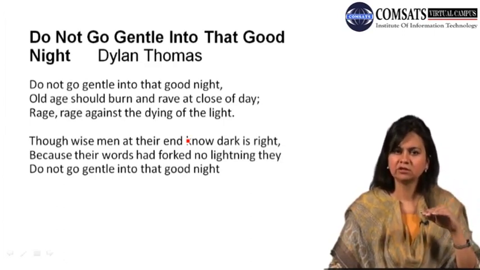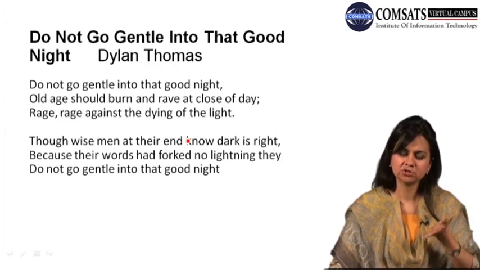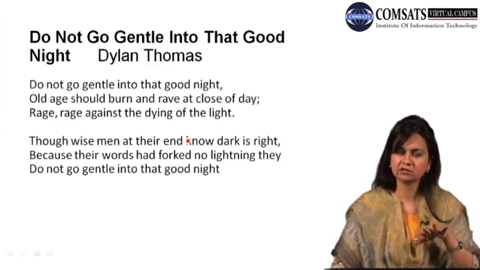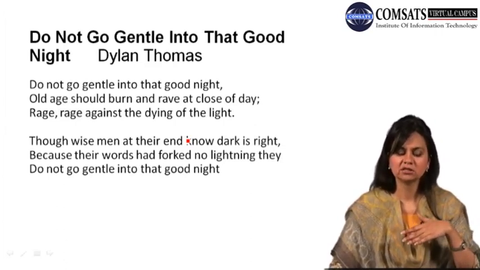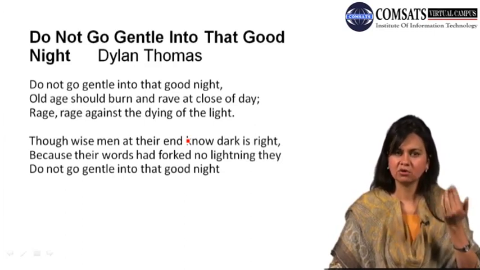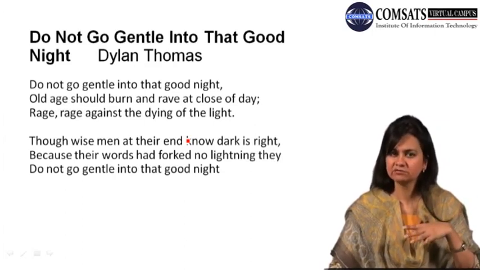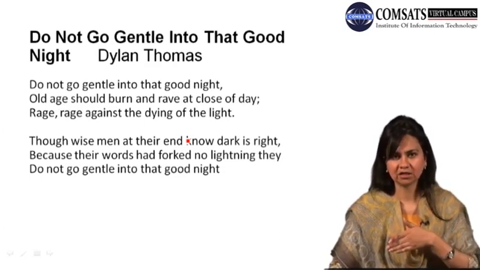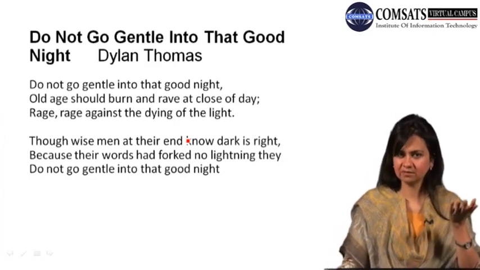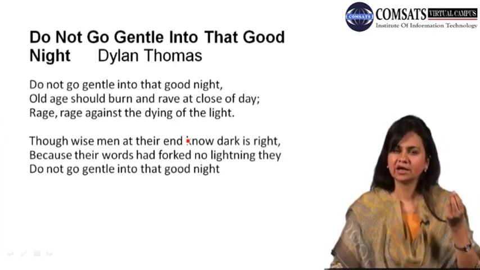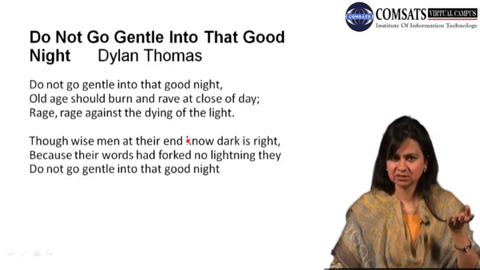It is not connected with a visual like light. It would have been correct if the writer had said that the lights or the bulbs or the sun had forked no lightning. But instead of the sun or the bulb, he says words had forked no lightning. That from the words of wise men, there has been no light.